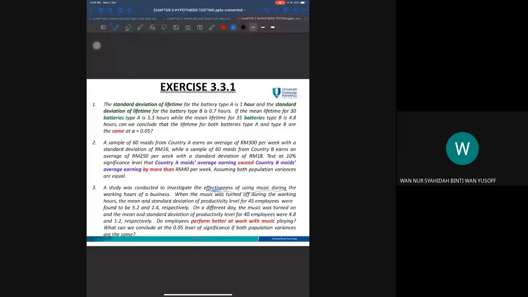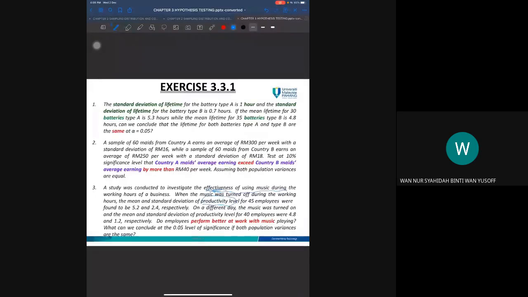Productivity level. The easiest way to determine the variable is based on the calculated values, the values that you have in that question, for example mean, standard deviation, proportion. They are calculated based on what? That is your variable.